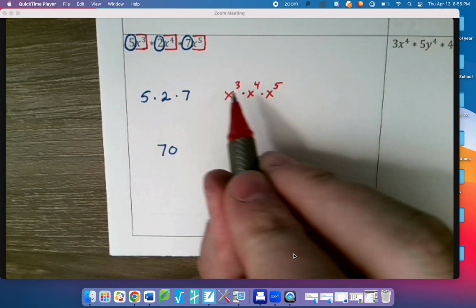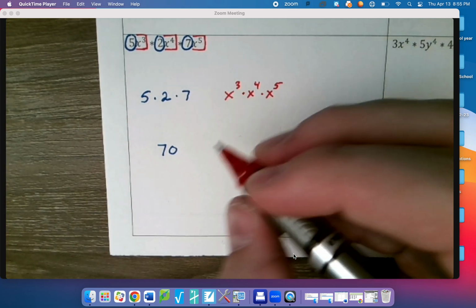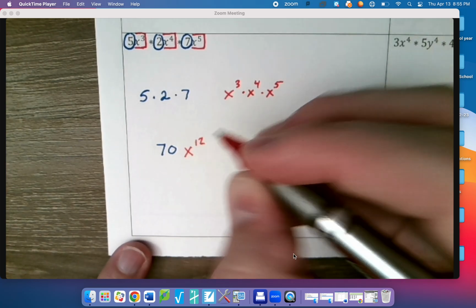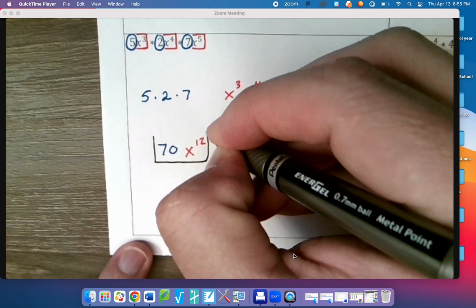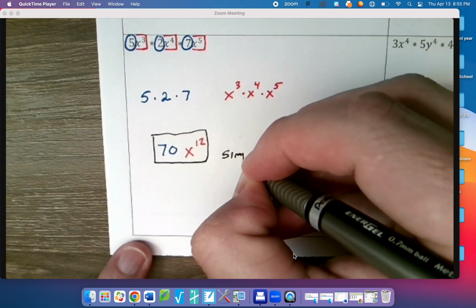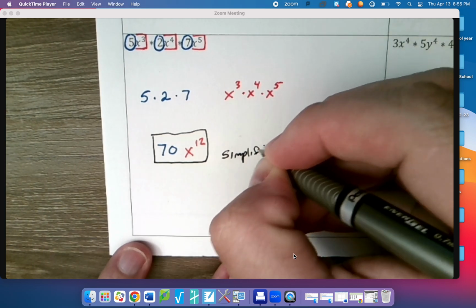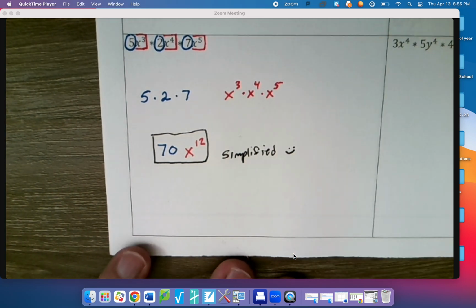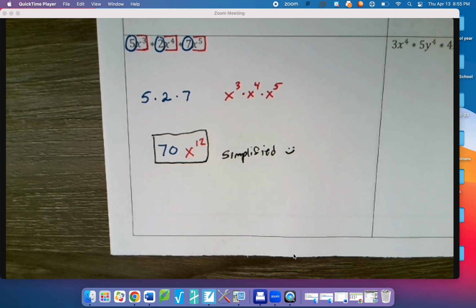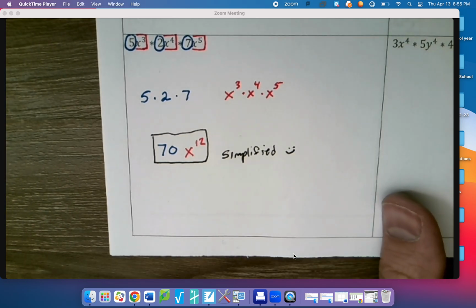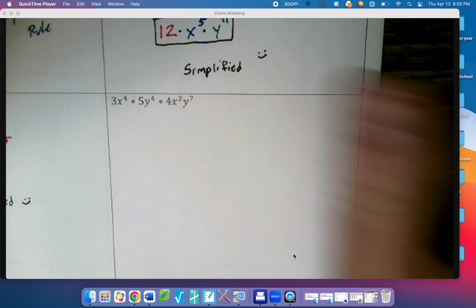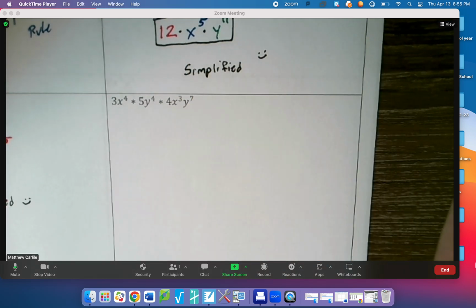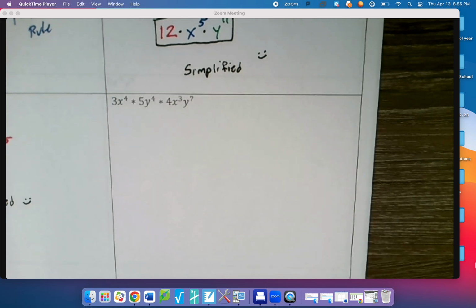Adding these all together, that's 7 plus 5, x to the 12th. On my black pen. And we're simplified. The only thing you've got to be careful about on the product rule is there is no addition signs allowed in these problems. The minute we have a plus sign, the rules are different. That's why the entire year we haven't really worried about this.